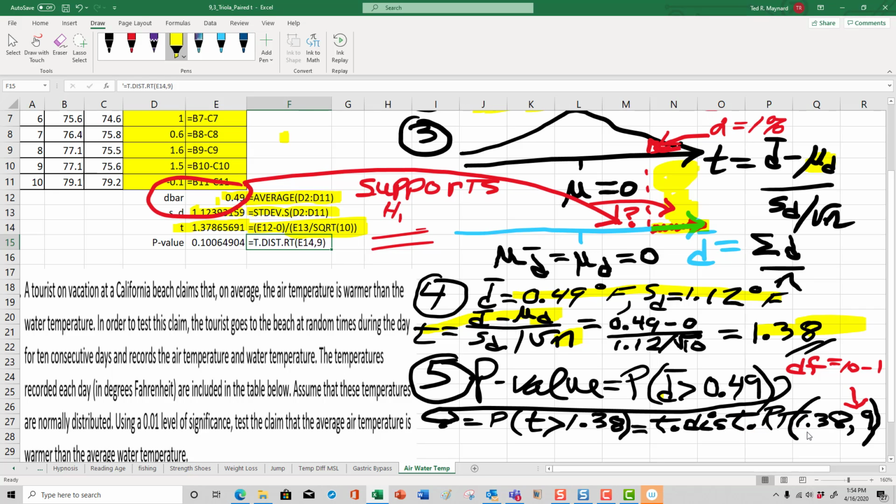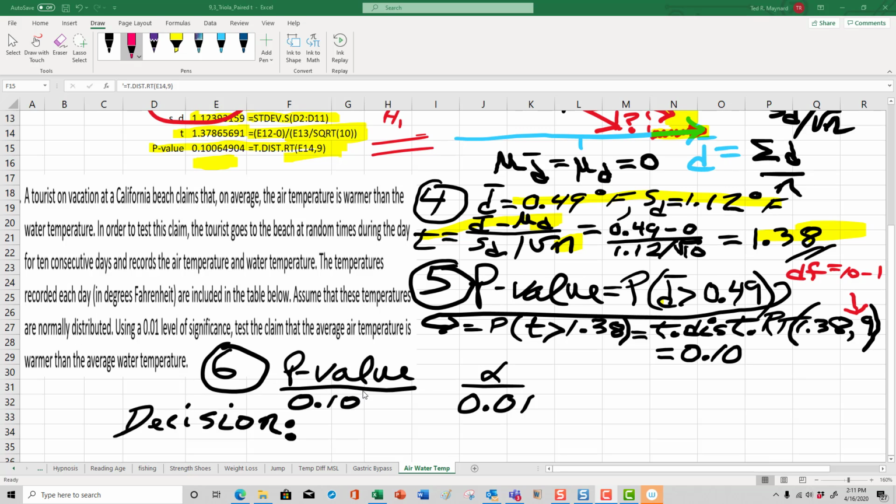The first input is 1.38, our t sample, comma, degrees of freedom is sample size 10 minus 1. The calculations are done in Excel as shown here. So here is the value that we get, 0.100 rounded. And this is the Excel formula that does this calculation.